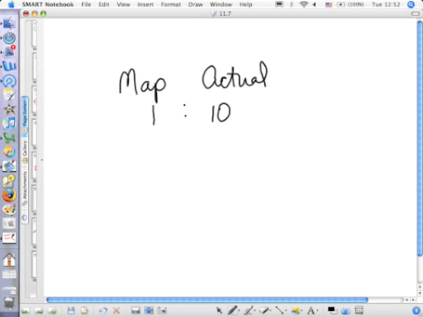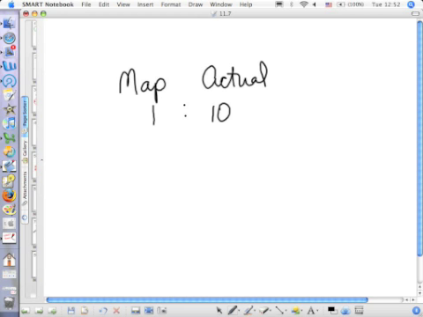You can't say 1 inch represents 10 acres. Why? Because 1 inch is a straight line and an acre is an actual area. Duh, that's why it's not working. One square inch represents 10 square acres.